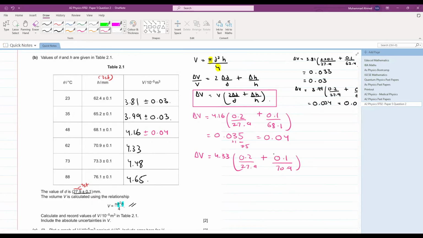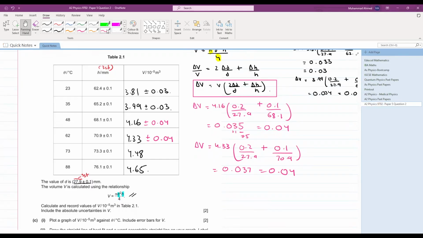Let's change this one: 70.9, and this is 4.33. Your absolute uncertainty comes out to be 0.037, which is again equal to 0.04 if we do it till one significant figure. Simple. Now let's do it for the fifth row as well.